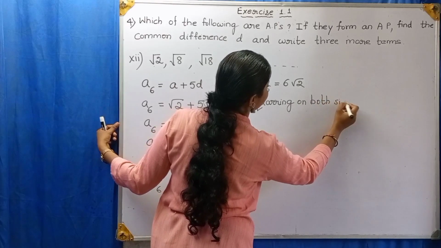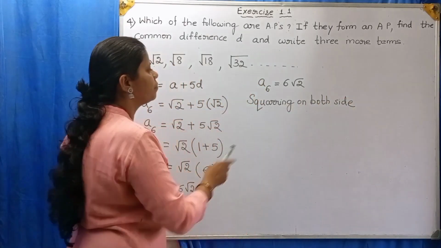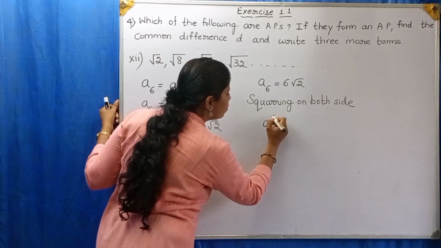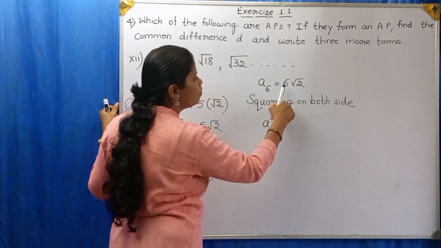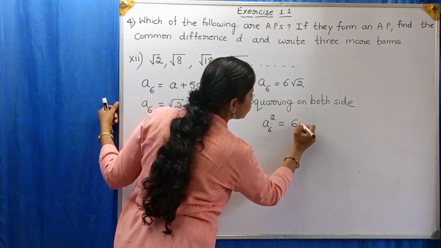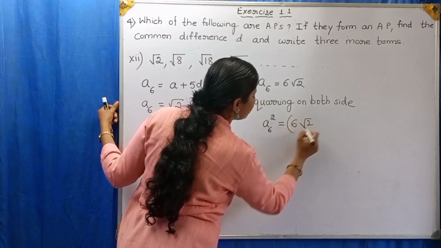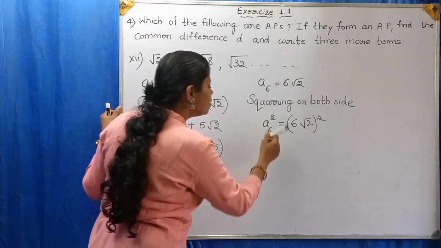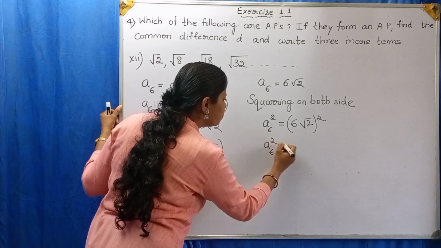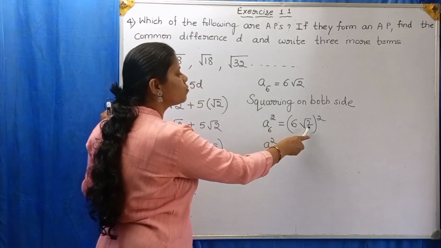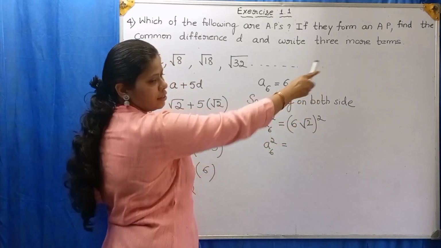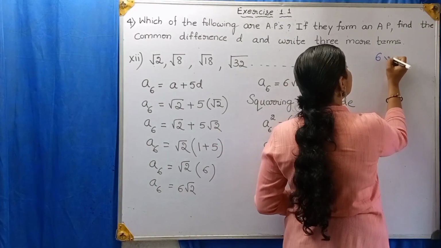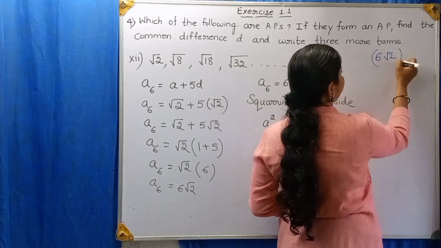See here. a6 the whole square is equal to 6 into root 2 the whole square. Now this 6 into root 2 the whole square, let me do that side. 6 into root 2 the whole square.